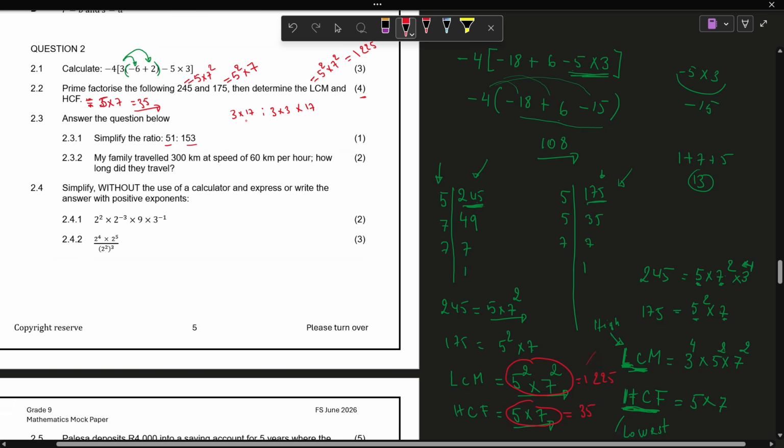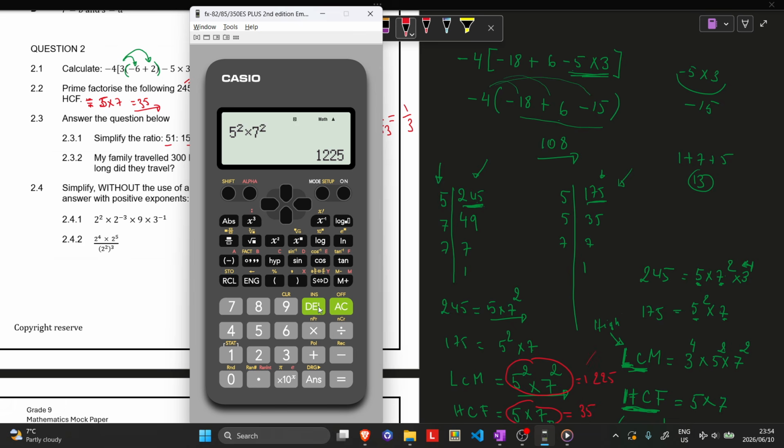So if we simplify on both sides, remember a ratio is basically a fraction. So you can take it as 51 over 153. What is the simplest way to simplify this? I'm sure it's 1/3. Or let's see if we can do it with a calculator. If I've got 51 and then I use a fraction over 153 and say equal, there it is, it's 1/3.